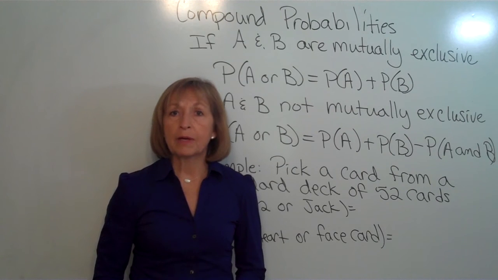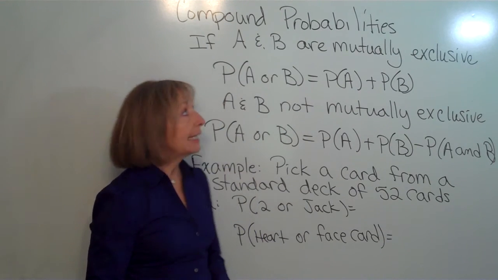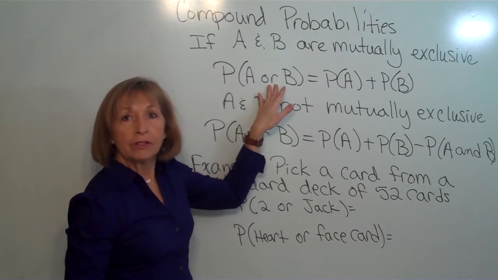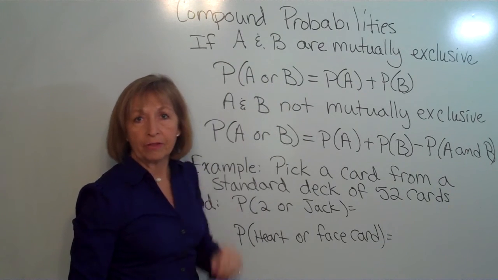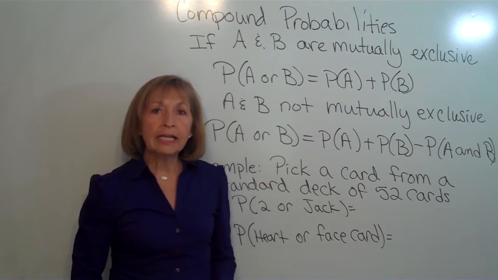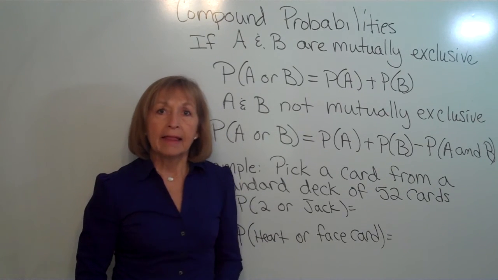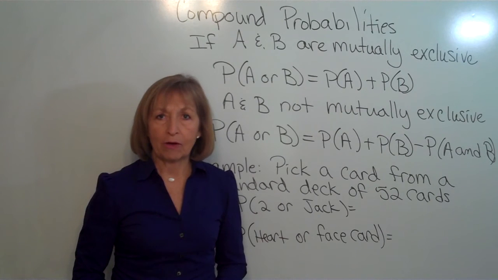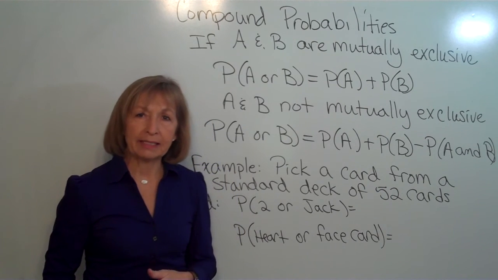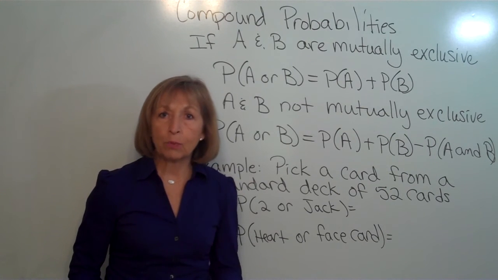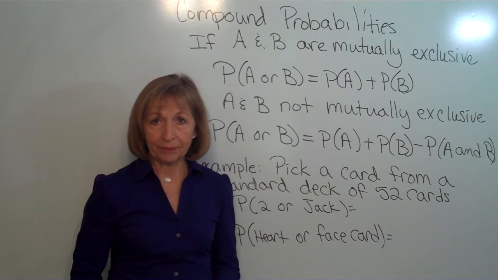One of the first compound probabilities that we're going to look at is the probability of one event or another event. So when we're looking at the probability of A or B occurring, I need to first ask myself, are there any elements that have both of the characteristics that A as well as B are describing?